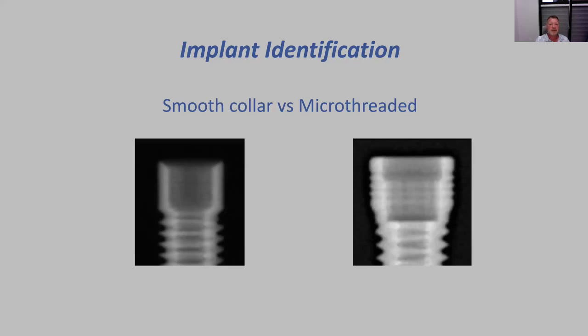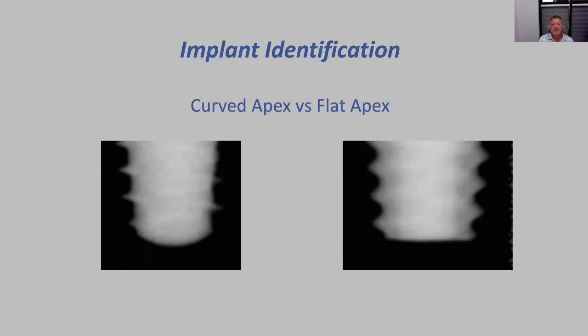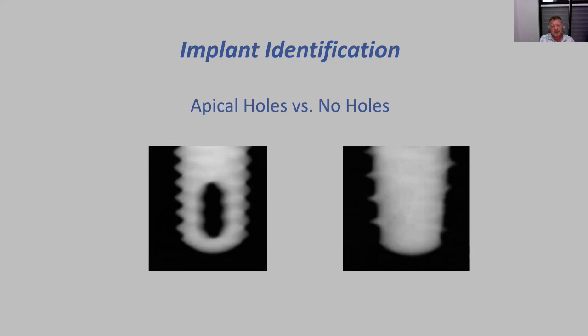The collar. So is it a smooth collar or is it micro-threaded? That's a big key. And then the apex curve is one of the bigger ones. Is it rounded or flat? And then apex holes. So do you have any holes at the bottom or no holes at the bottom? Those are generally the four things I'm really looking at for implant identification.